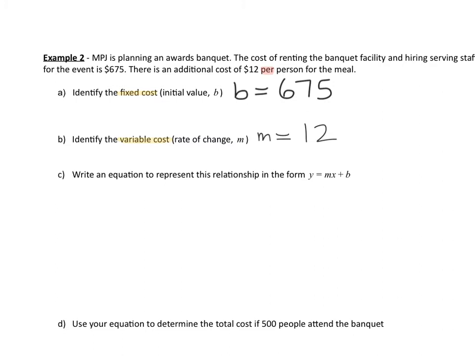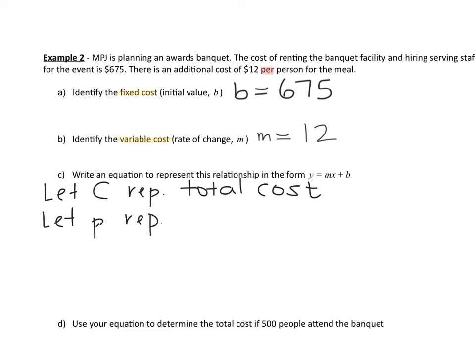So I'm going to say for my variables, let C represent the total cost for this beautiful awards banquet. And I'm going to say let P represent the number of people.